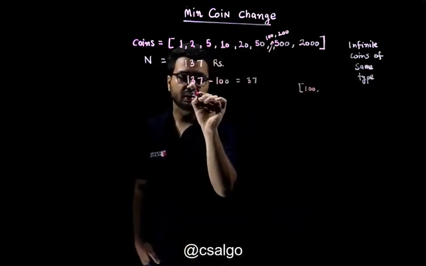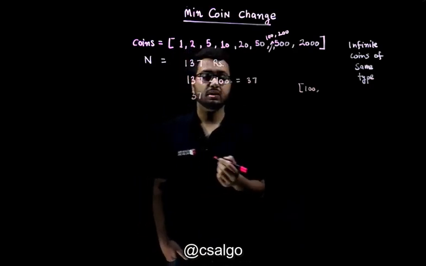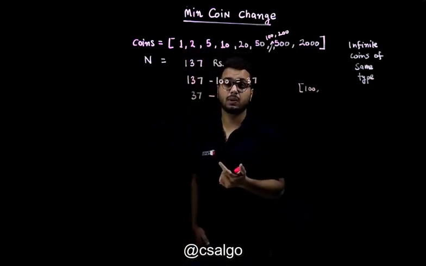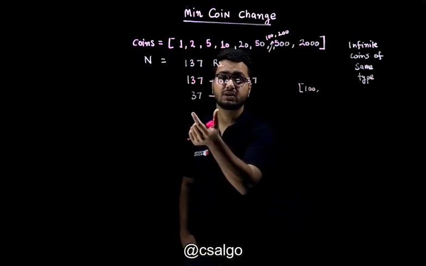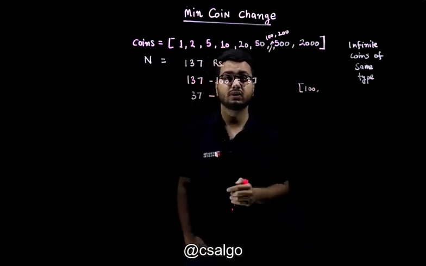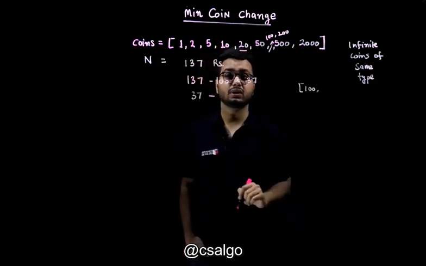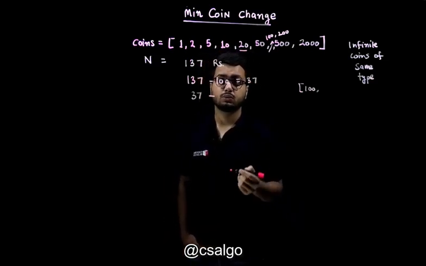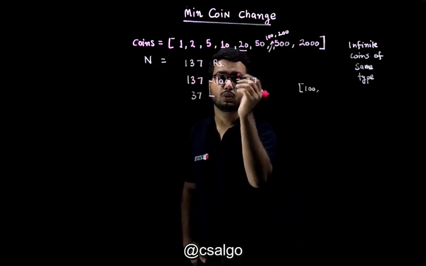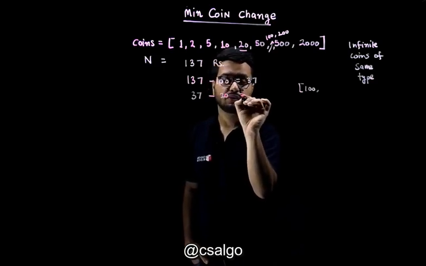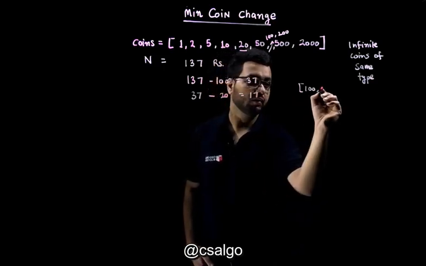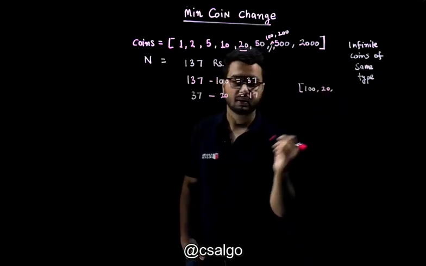So in order to get the 37 rupees, you can pick the largest possible currency denomination that is less than or equal to 37, that is 20. And if this is a sorted array, you can use binary search to find 20, the lower bound, and you are left with 17 rupees, right? And you have picked 20, right?